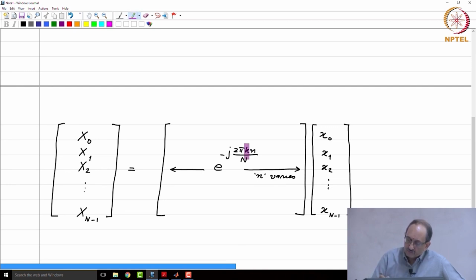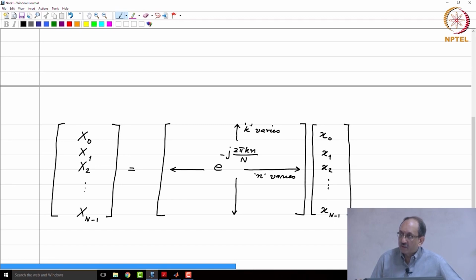You are going to fix k and then vary little n from 0 to N minus 1, and you will generate an N dimensional vector, and when it is taken into an inner product with this vector, you will generate cap X suffix little k. But you need to do this for all values of k, and hence you can think of each row as being a function of little k, and hence in this dimension k varies.